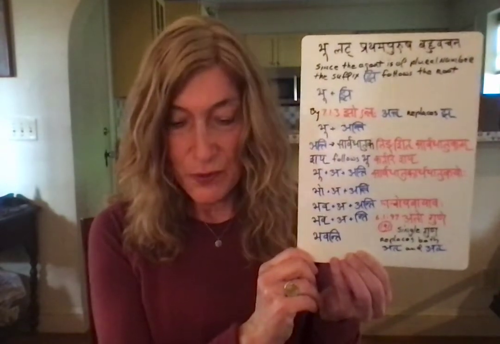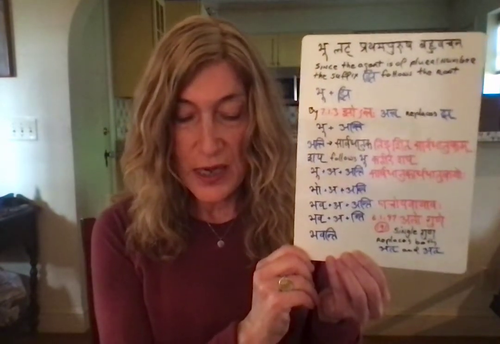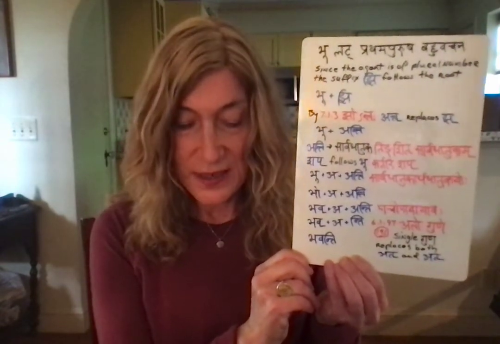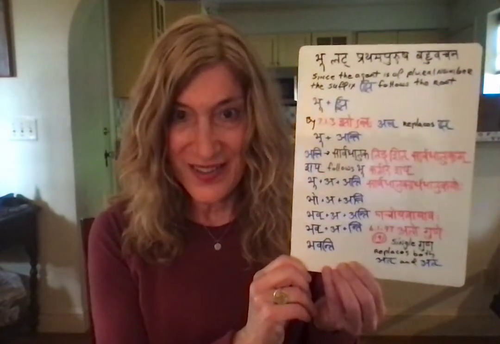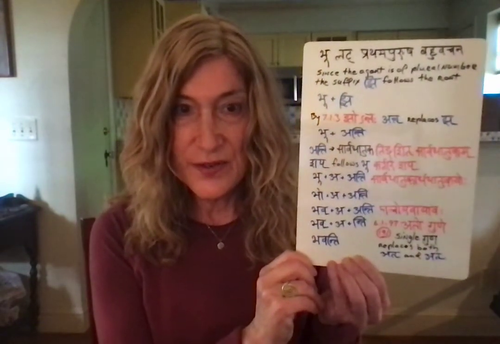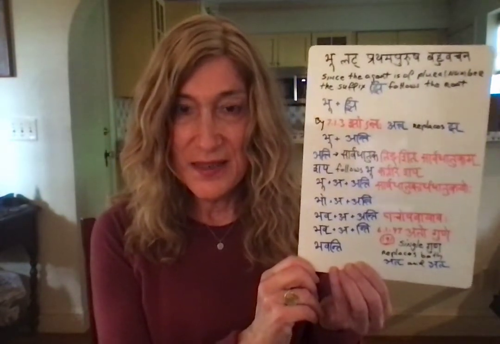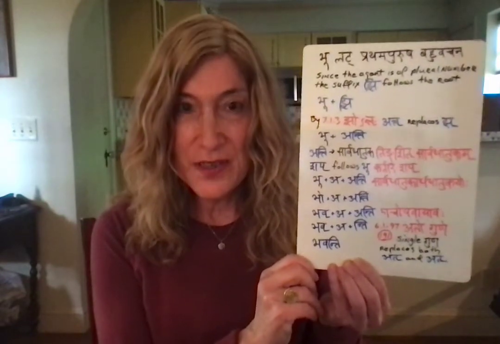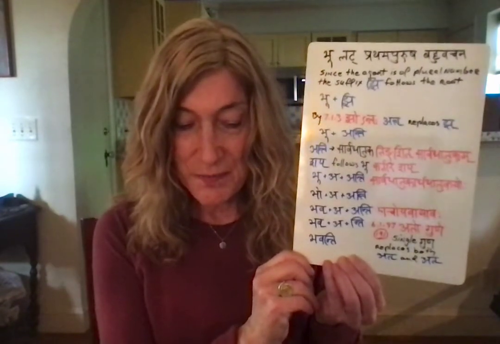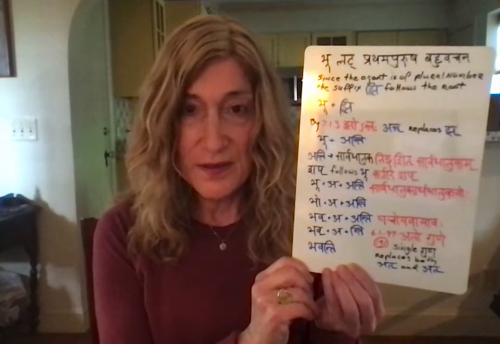And by that rule, a single guna replaces both a's that we now have, because we have bhav and anti, so we have two hrasva a's together, and by ato gune, both of those hrasva a's are replaced by a single guna, and by sthaneantaratamah, the most similar guna to a is a. So in place of the two a's, we now have one, and that leaves us with bhavanti.